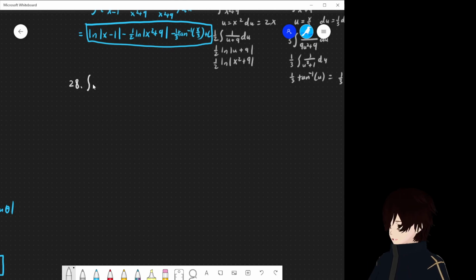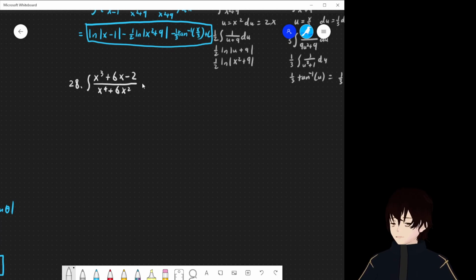28 wants to know the integral of x cubed plus 6x minus 2 over x to the power of 4 plus 6x squared dx. Is that right?